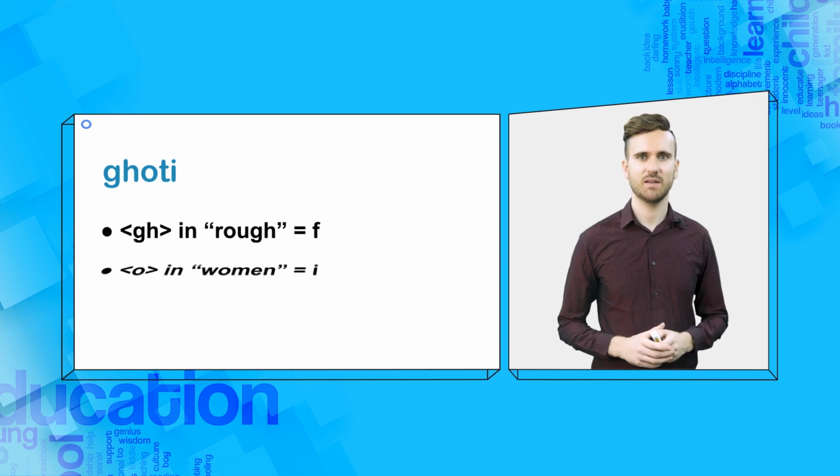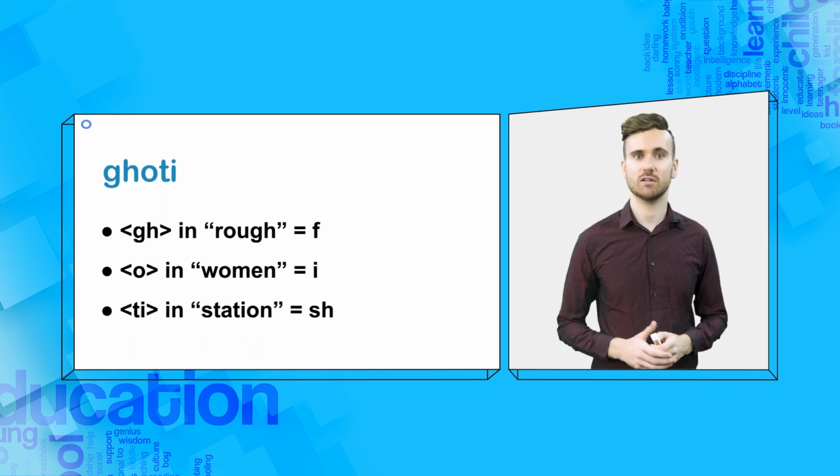Secondly, in the word women, the O is an I sound. So let's use the I sound in women to pronounce O. Finally, in the word station, the TI is a sh sound. So let's use the sh sound in station to pronounce TI.